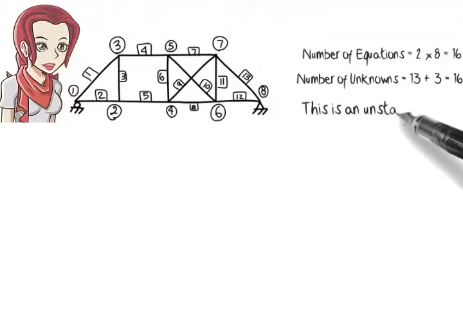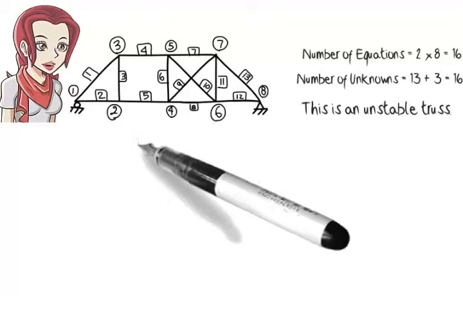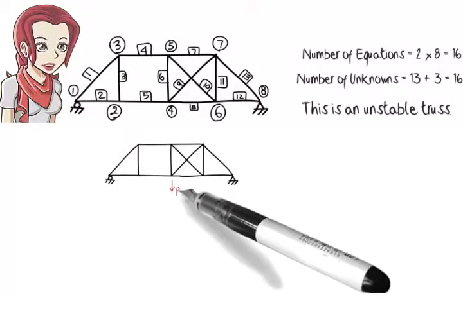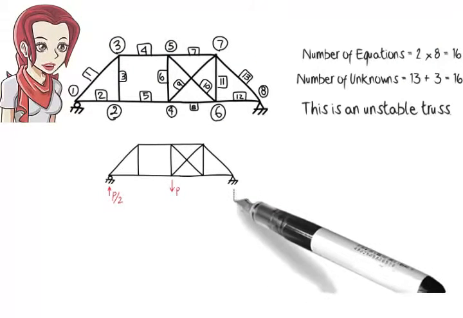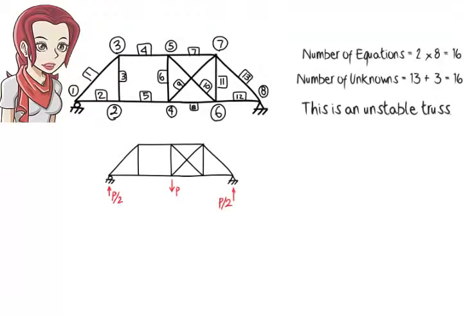Why? Because it can be shown that under certain loading pattern, the static equilibrium of the structure cannot be maintained. How? Suppose we place a non-zero downward load of P at the midpoint of the bottom chord of the truss. This makes the vertical reaction at the left and the right ends of the truss equal P over 2.